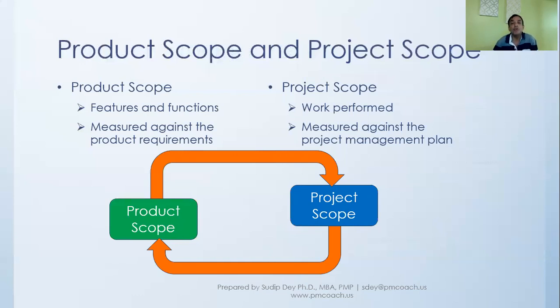In other words, we might have to take down some of the features and functions to bring down the project scope so that it meets the budget constraint. And when we do that, the number of features and functions in the product might be sacrificed. So in that sense, it will have an impact on the product scope.